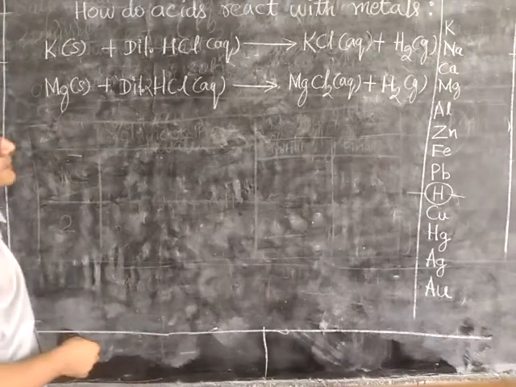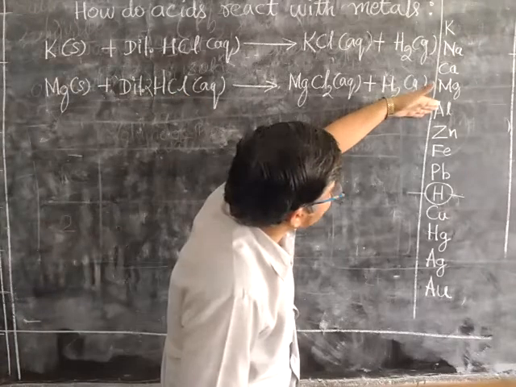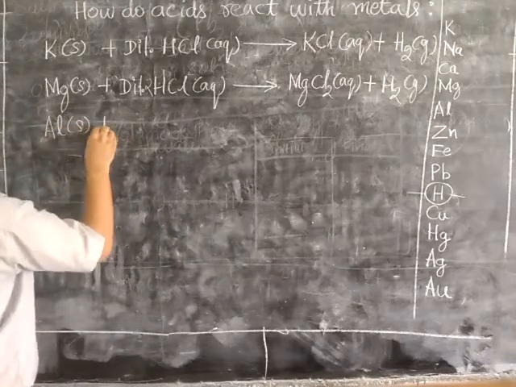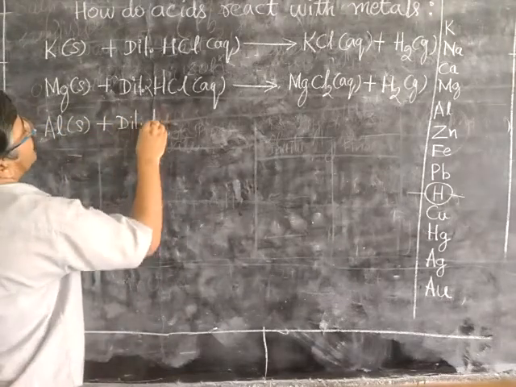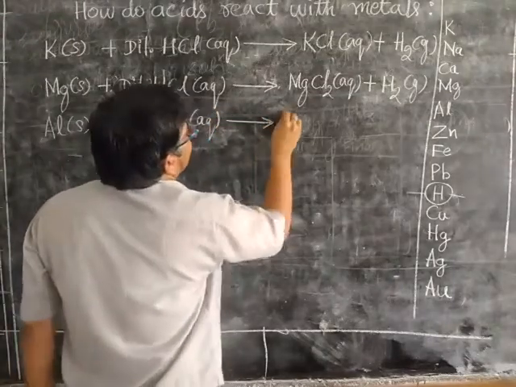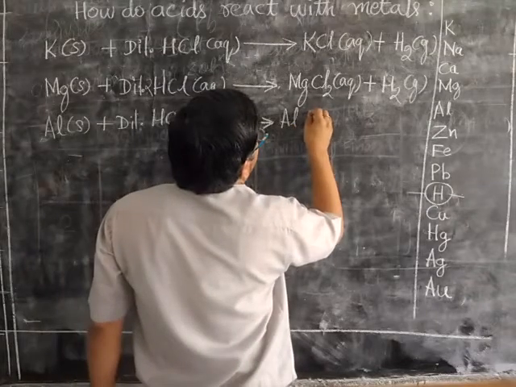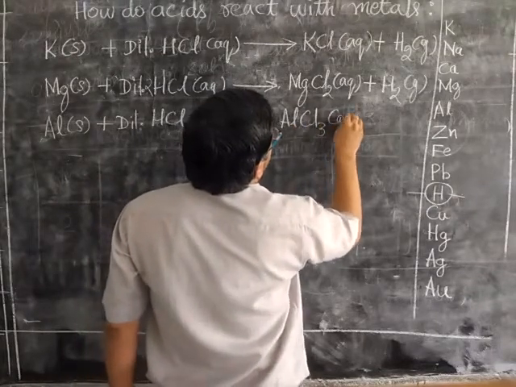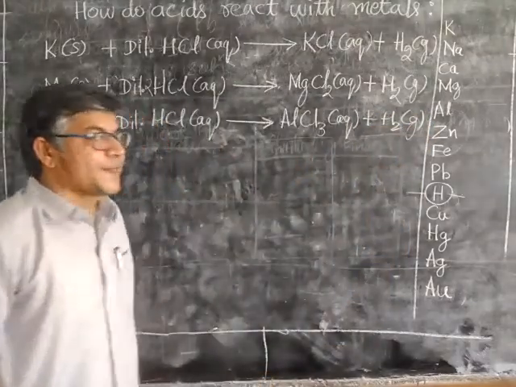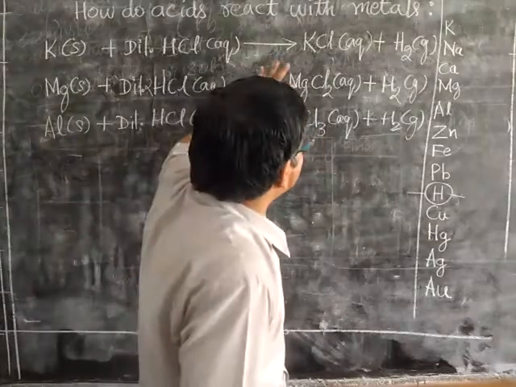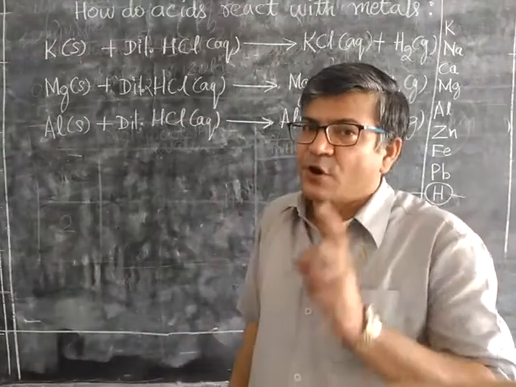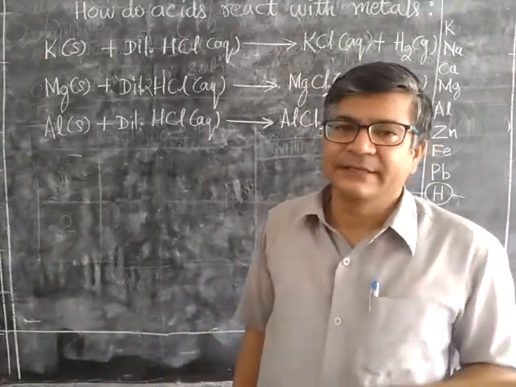And let's take another example of reaction of aluminium. Aluminium solid plus dilute hydrochloric acid in aqueous medium, and then formation of aluminium chloride takes place in aqueous medium and liberation of hydrogen gas. Now the question is how I am forming these compounds. You have already been taught about this in class 9th.